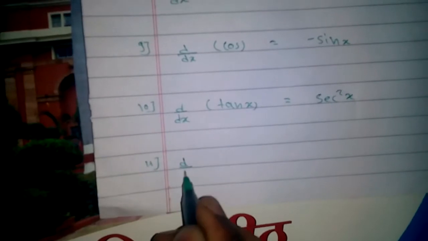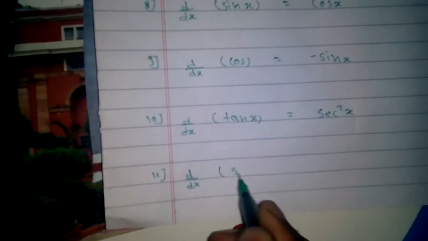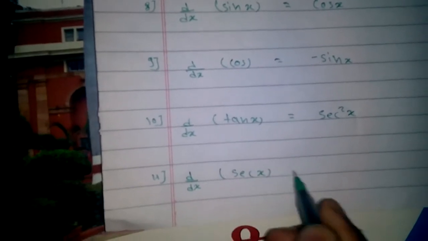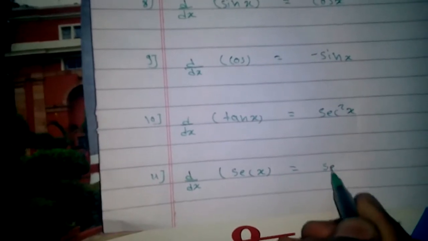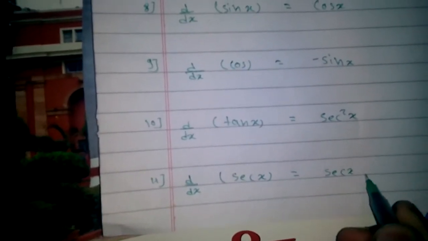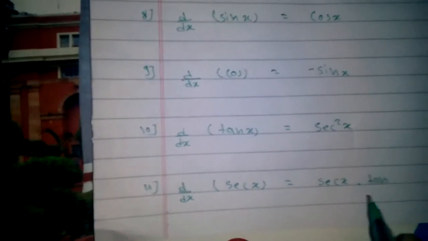Number 11: the derivative of sec x is equal to sec x into tan x.